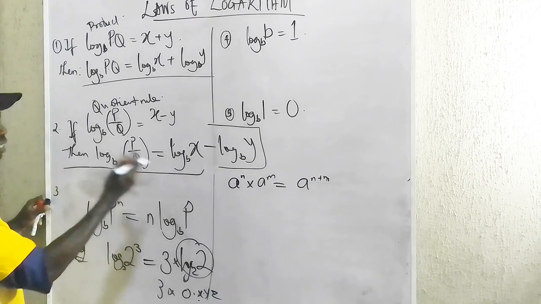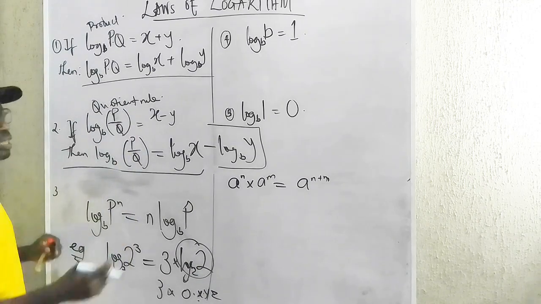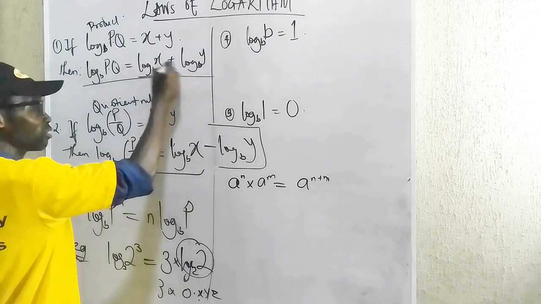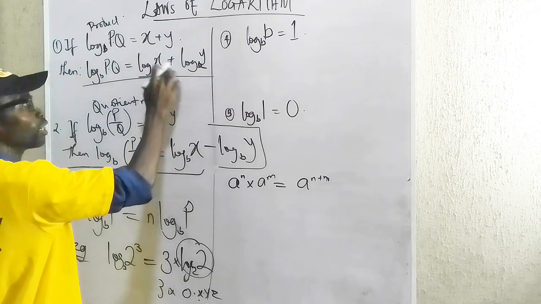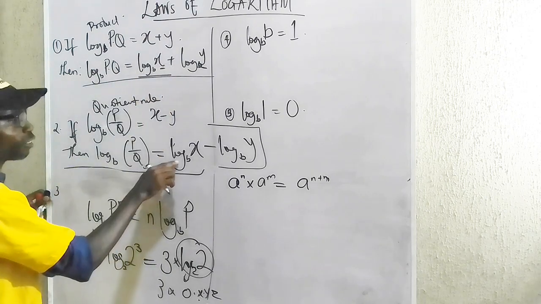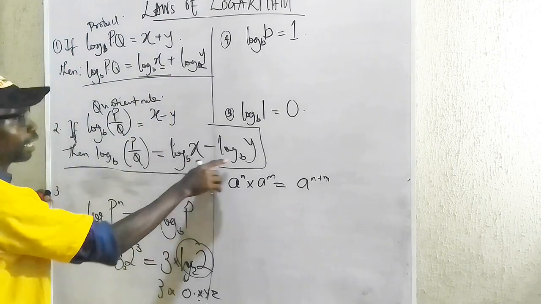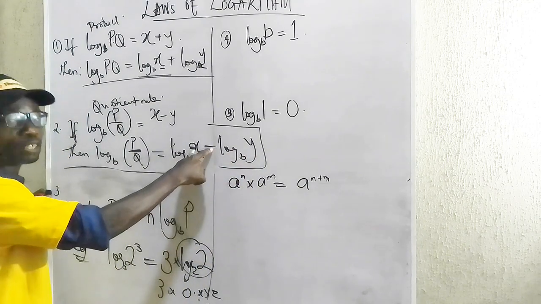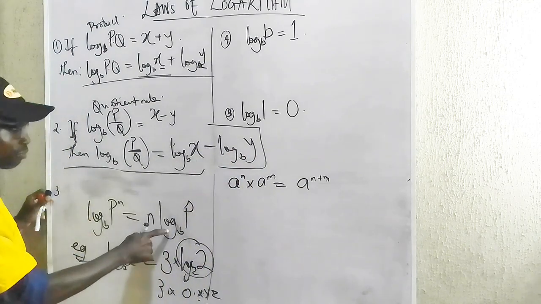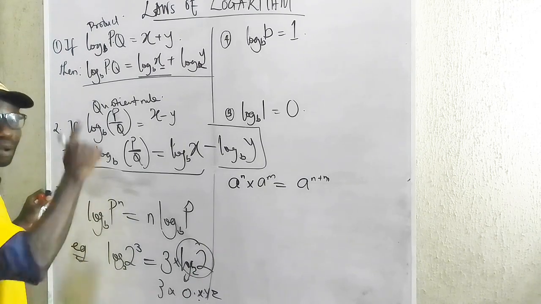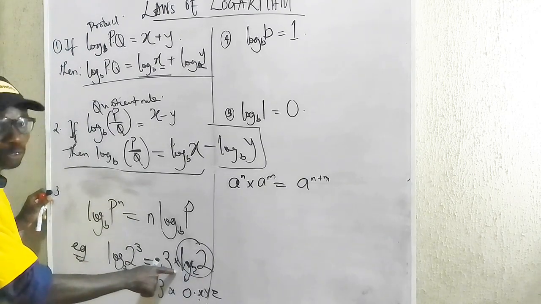The same thing applies. If you're solving log, by the time you found the log of x and the log of y, you're no longer going to multiply, you're going to add. By the time you find the log of x and the log of y, you're no longer going to divide, you subtract. By the time you find the log of p, you're no longer going to use the n as a power, you're going to multiply.